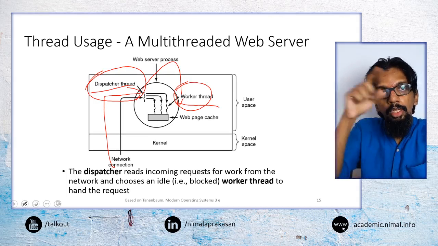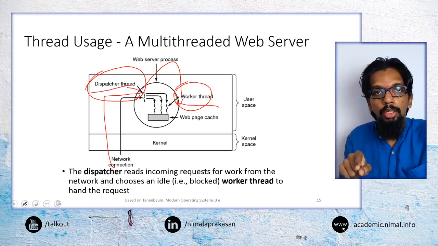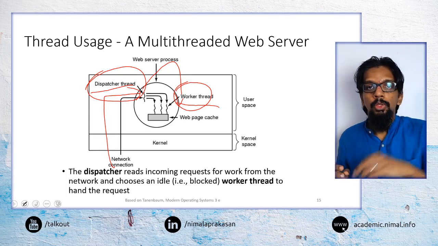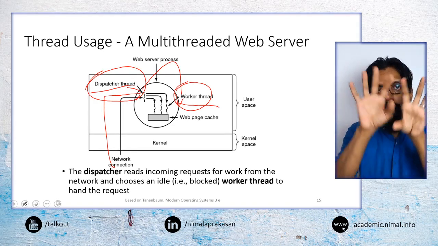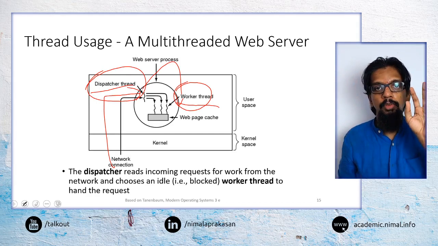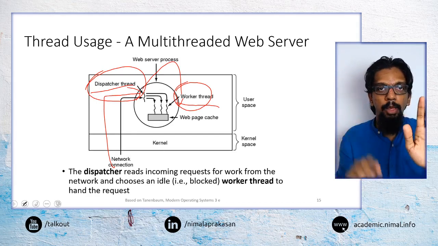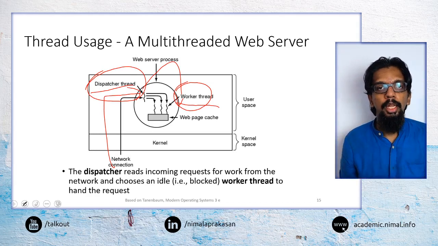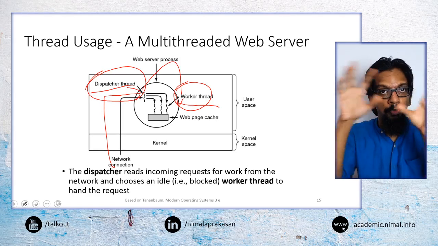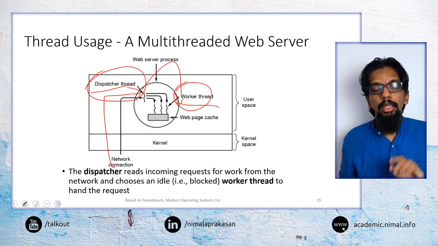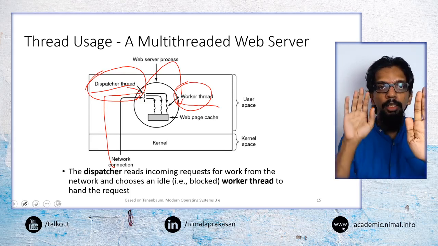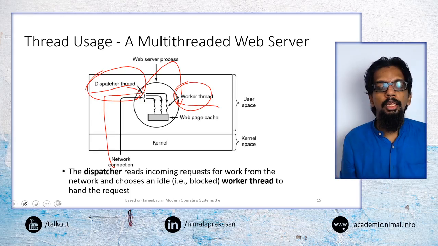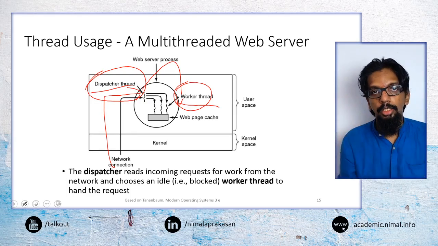For each request we create a new worker thread, and that is going to generate the web page. So we are doing a couple of things. Even within the same process, we are running multiple tasks in parallel. We are doing saving and formatting and spell checking at the same time. That is one way of parallelizing. Here we are again splitting the task by job: one is dispatching and one is the worker thread generating the job.